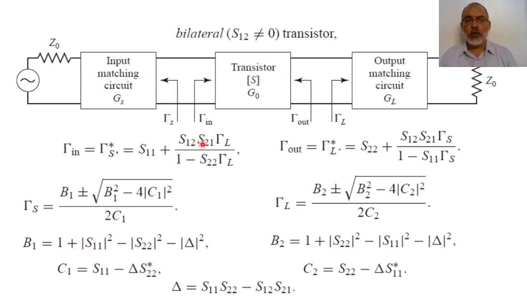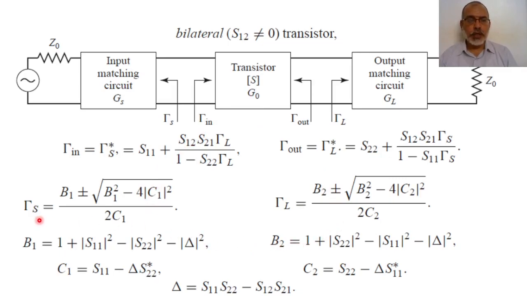So by solving these two equations simultaneously, we can find gamma source and gamma load as a function of parameters. These parameters depend only on the S parameters of the transistor.